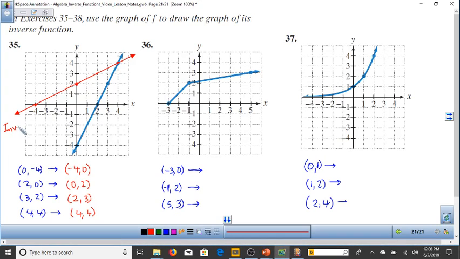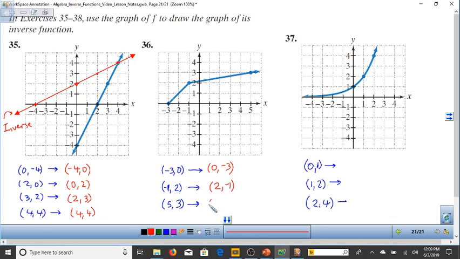Next up, with this one, we have 3 points that are marked here that we use. So let's see, -3, 0, that's this point here, that becomes 0, -3. -1, 2, that becomes 2, -1. And 5, 3, that becomes 3, 5.